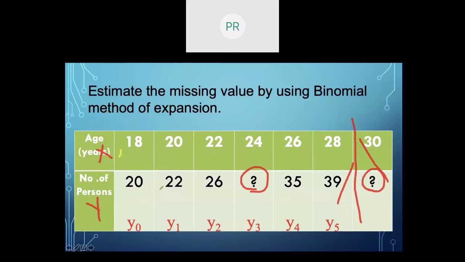Since the number of persons is represented by y, the values are named as y0, y1, y2, y3, y4 and y5. We can see that the last value what we have got is y5, wherein it shows that the value of n is 5. So here in this particular case, the value of n is 5.